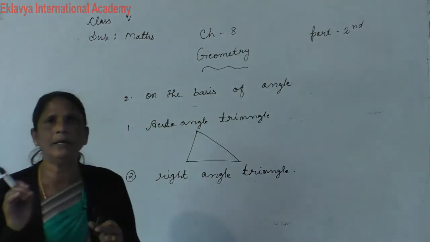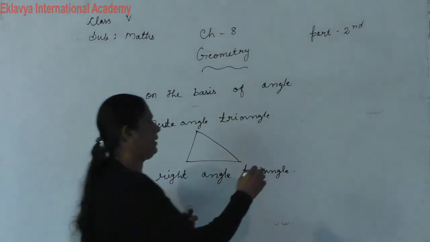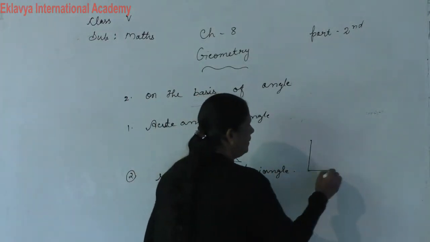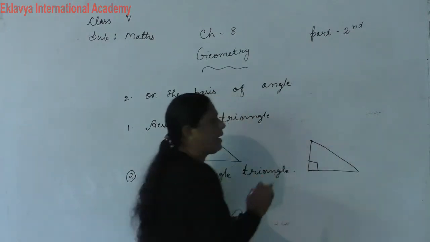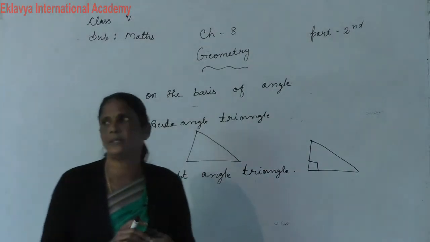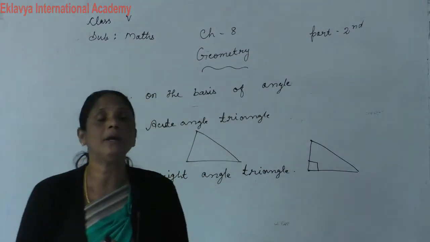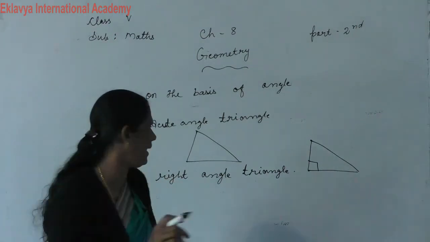That triangle is called a right angled triangle. This is a right angled triangle. One of the angles is 90 degrees.